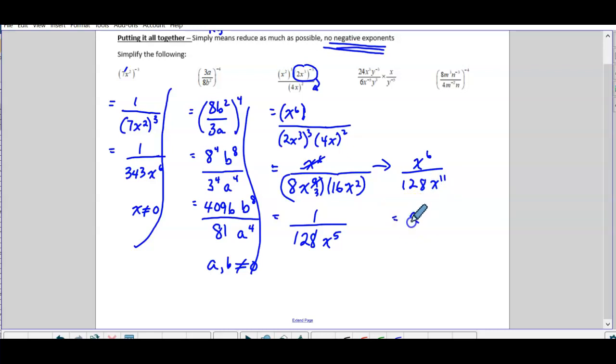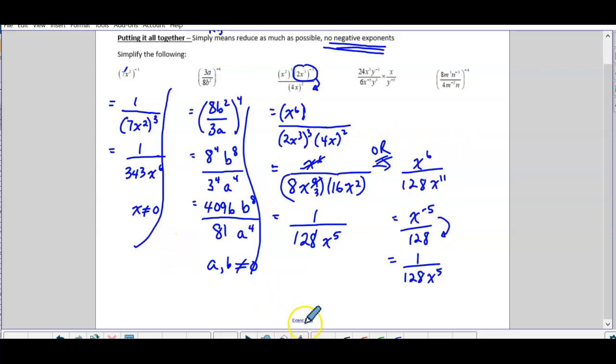So you'd get the exponent, so you get x to the negative 5 over 128. Then you would have to bring that down to the denominator, which leaves a 1 in the numerator and makes that exponent positive. So this is 4.